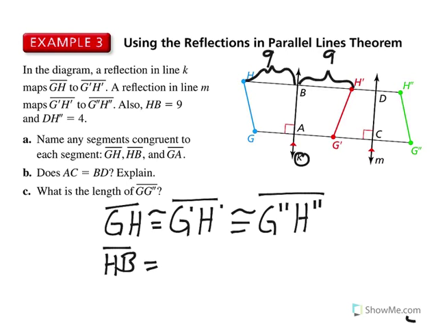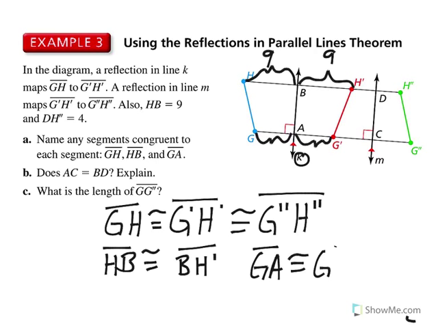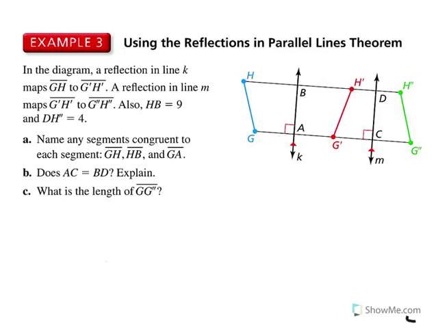So in this case, I can say that HB is going to be congruent to BH prime as well. It's directly reflected across it, so they would have the same length. Same thing goes for GA. GA, when it's reflected across that line K, G prime is going to be the same distance apart from that line. So I could also say that G prime A is congruent with GA.